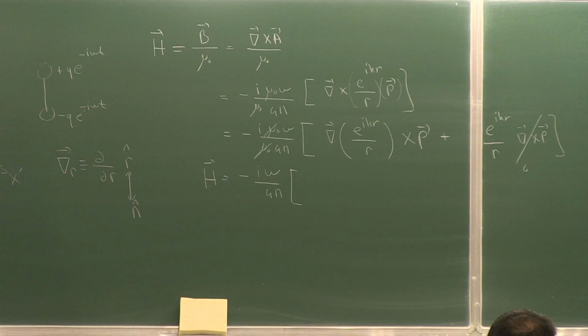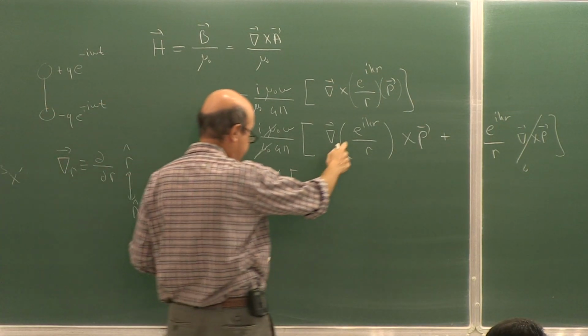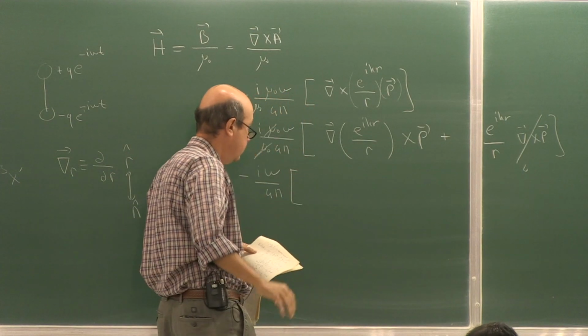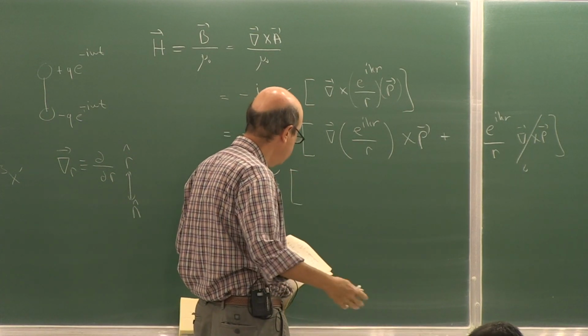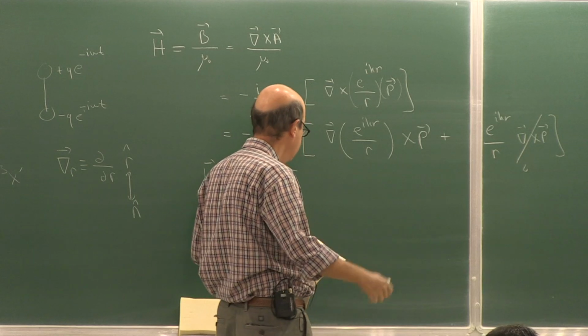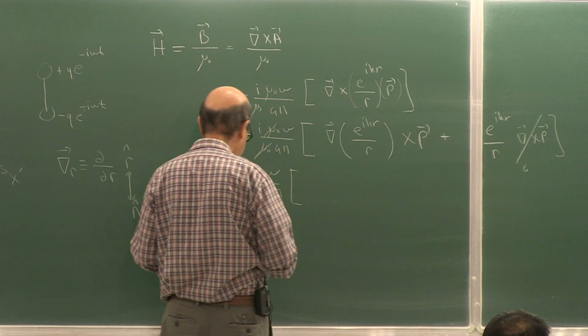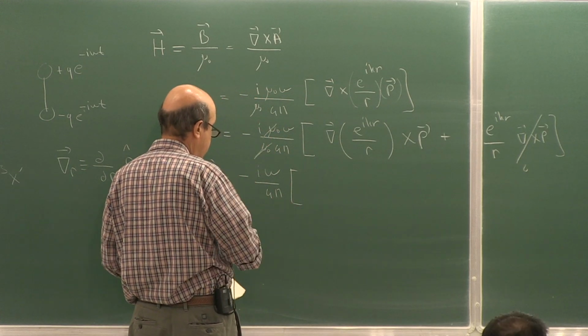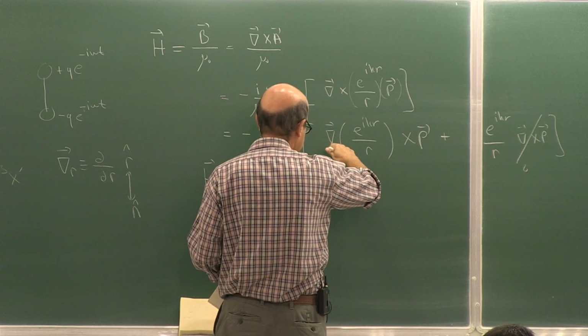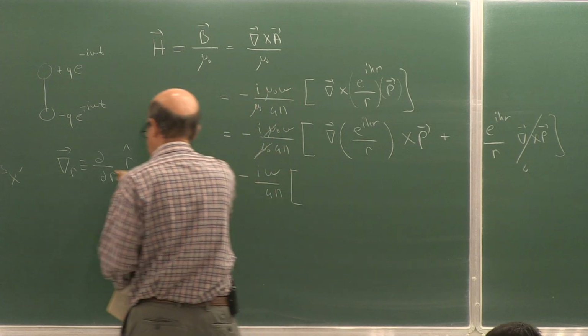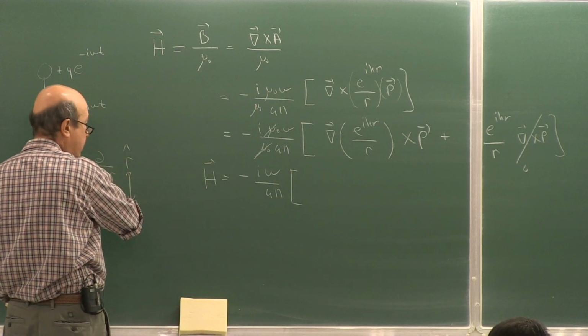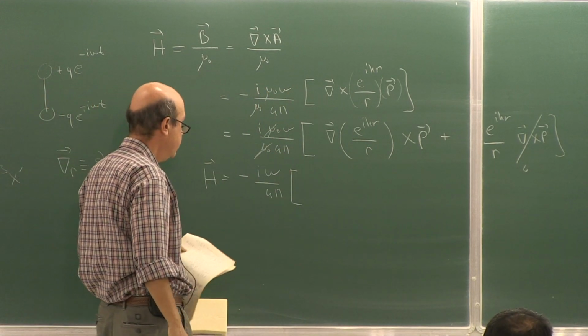Okay, so because this doesn't depend on any other coordinates like theta and phi, all you have to do is take the gradient with respect to r, using the partial derivative del over del r.